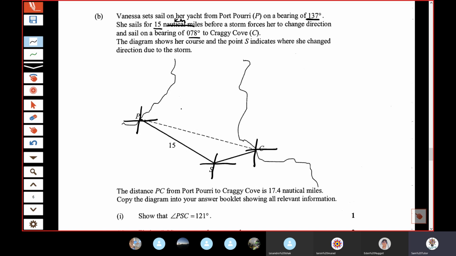Let me just make sure she sails for 15 nautical miles, so then she was going to travel to S, and then unfortunately a storm hit and she had to travel to C. So that means this bearing here, from here all the way to this line, is 137.